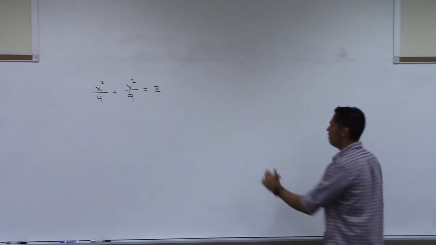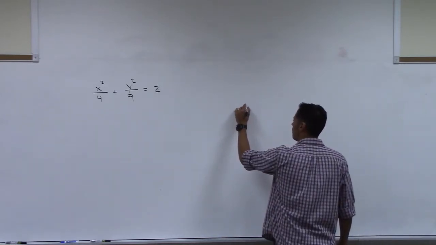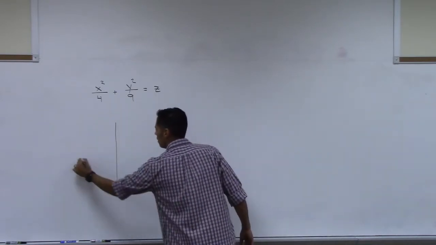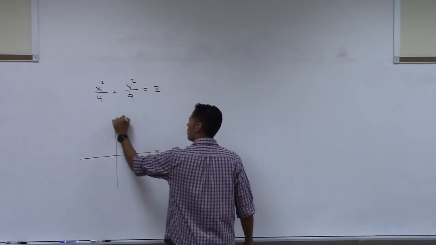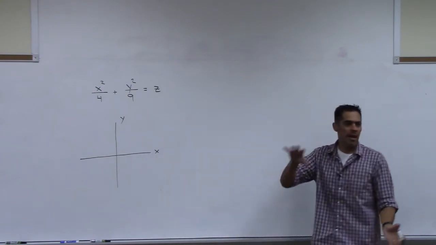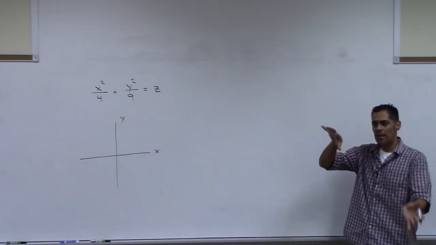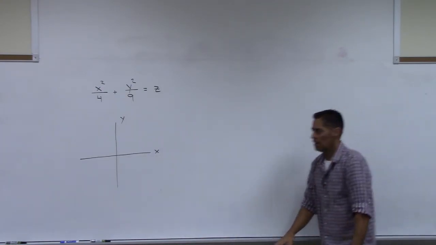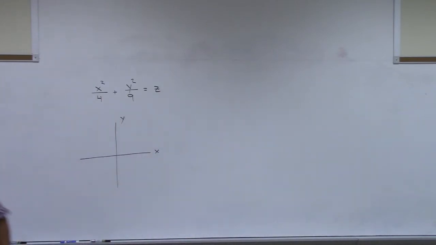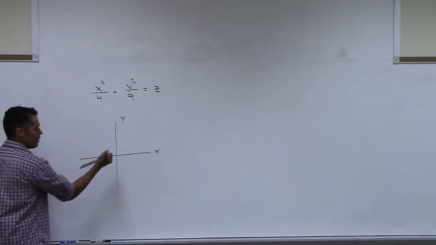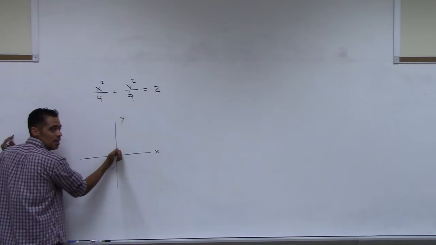So check this out. I'm going to try and draw something for you here. This is our standard xy axis. Imagine that we're going to take that and lay that on the ground. And when we lay it on the ground, we're going to create a third axis that's going to come out of the page like this. And that's going to be my z-axis.